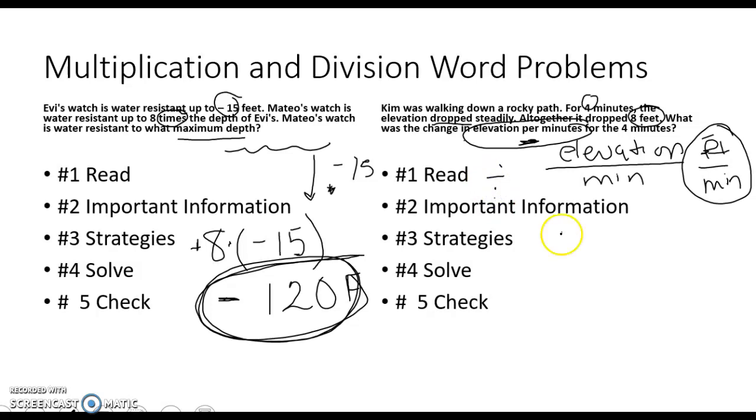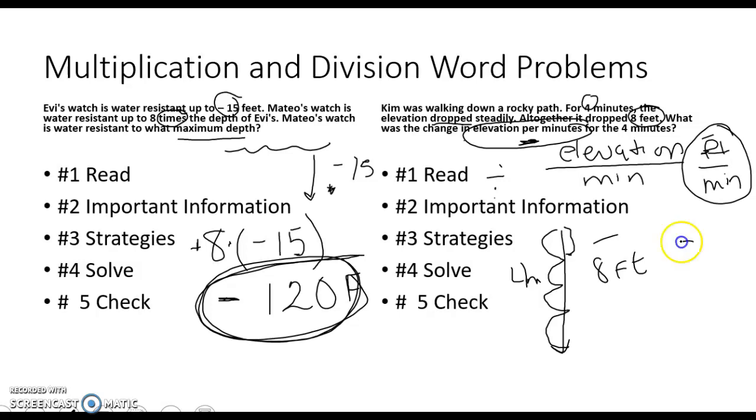So if you are going down 8 feet, and you want to know how many you would group it in four. So there's a minute, there's 2 minutes, there's 3 minutes, there's 4 minutes is what you're looking at. So you're really taking this 8 feet and you're dividing it into four, and you want to know how many feet it went down every minute.